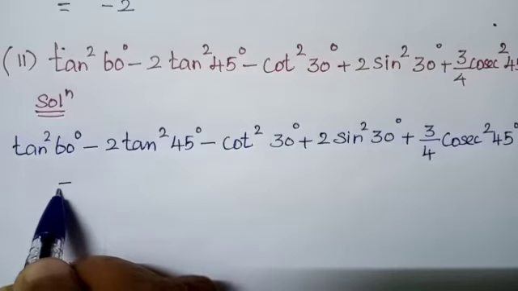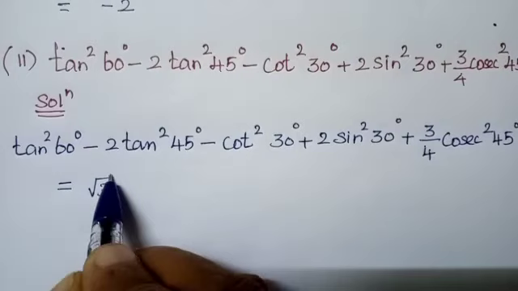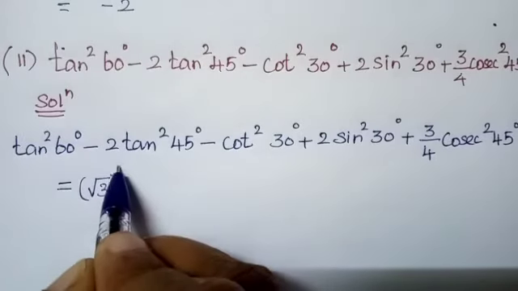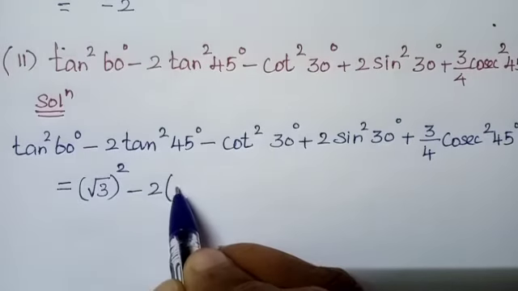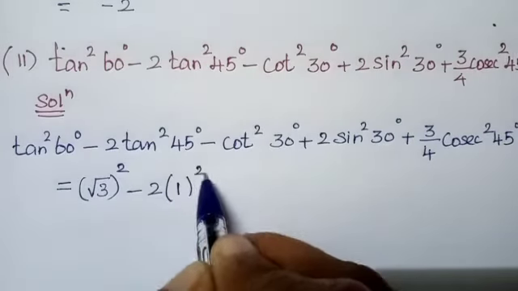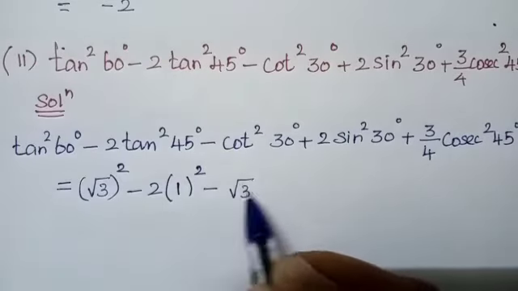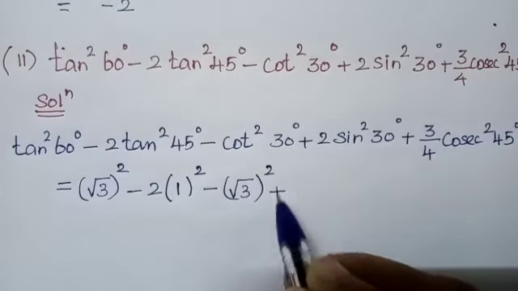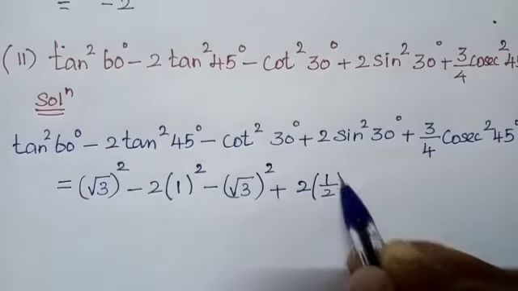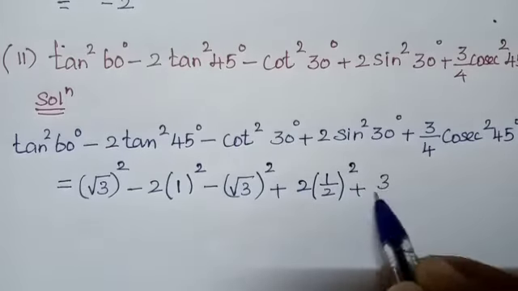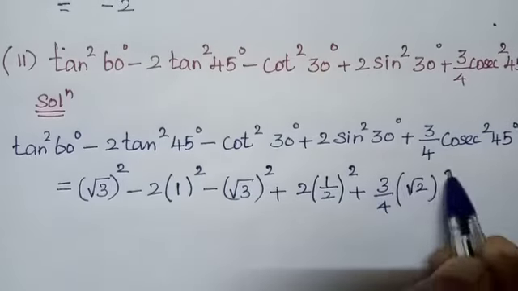So this is equal to tan 60 degree is root 3, here tan square 60 degree so we have to write square, minus 2 into tan 45 degree value 1 the whole square, minus cot 30 degree is root 3 the whole square, plus 2 into sin 30 degree is 1 by 2 the whole square, plus 3 by 4 into cosecant 45 degree is root 2 the whole square.